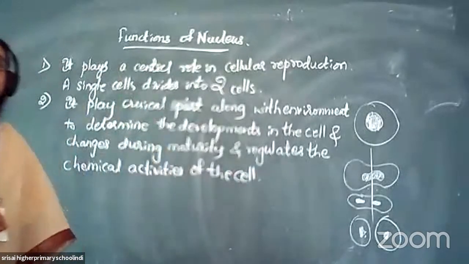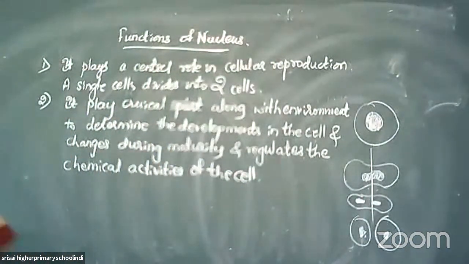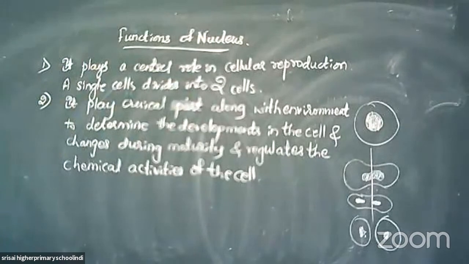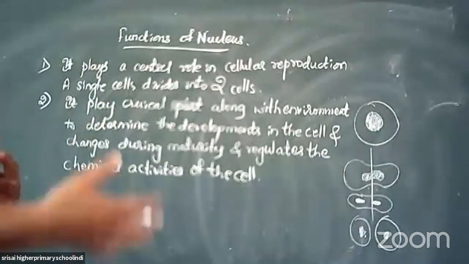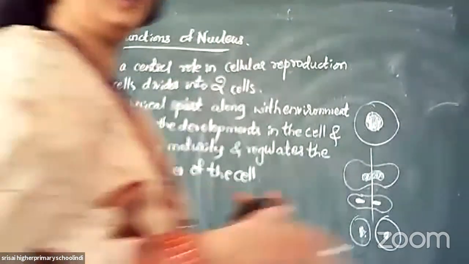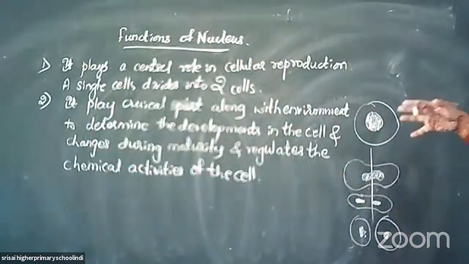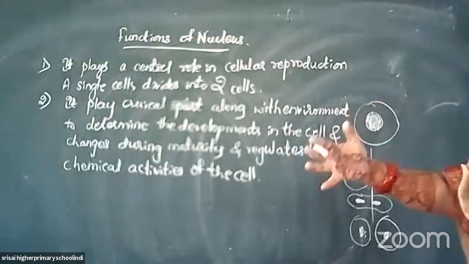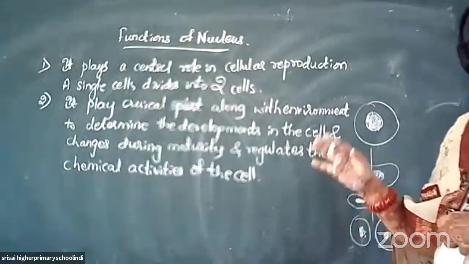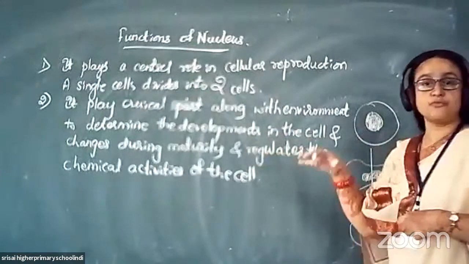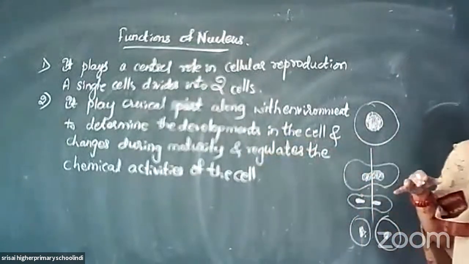See, what is the work of the nucleus? First thing is, it plays a very important role during the process of cell division. A single cell gets divided into two. Second thing, along with the environment, it determines what developments are going to occur in the cell during the process of development and maturity.